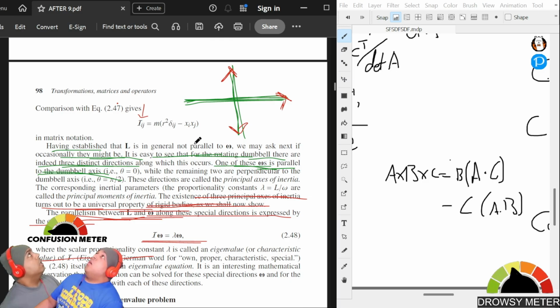L is in general not parallel. How did we establish this? L is not parallel in general to omega. That means the determinant exists, right?